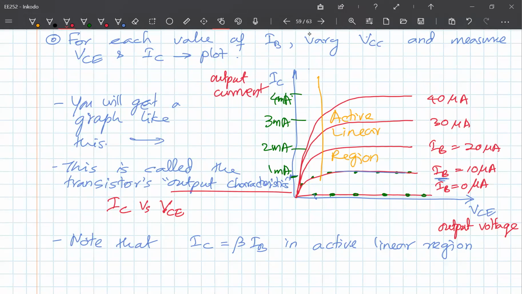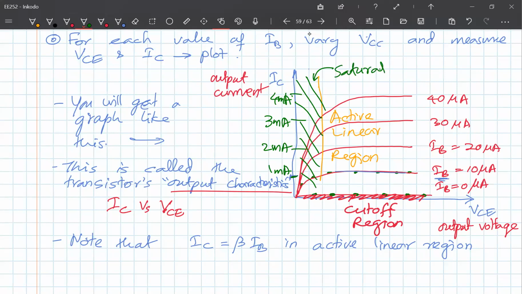And this area where you have no current is called the cutoff region. There is no current in any of the branches there. And the area here is called the saturation region, in which current changes, but the voltage does not change. Output voltage VCE is almost constant, but current changes in this direction. So this is the saturation region.